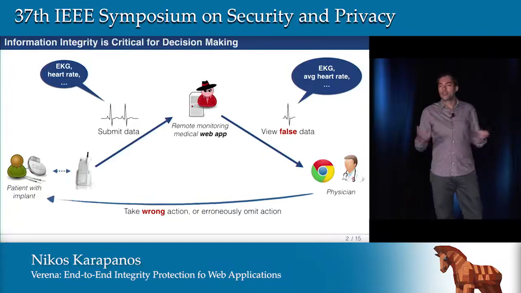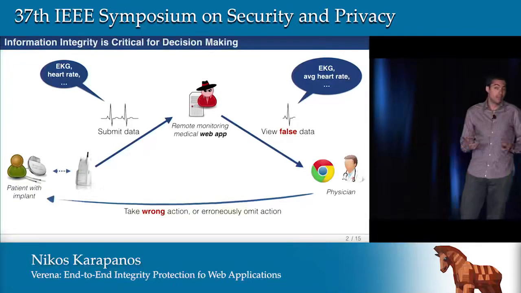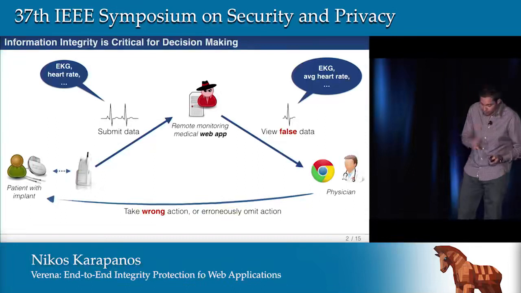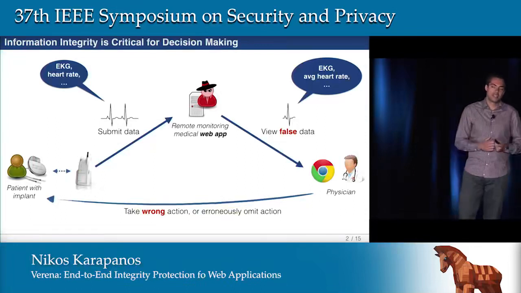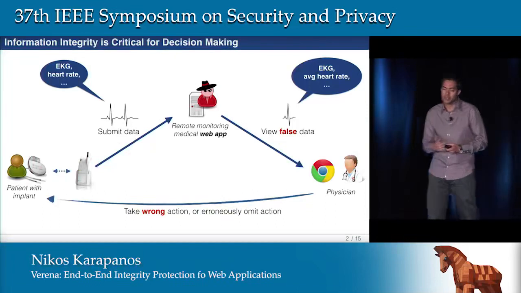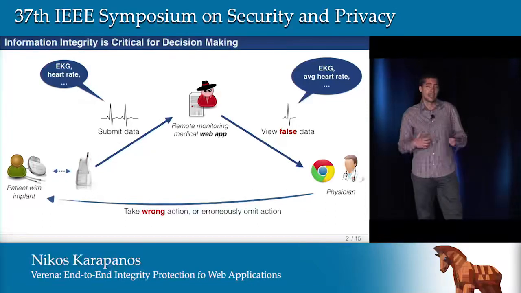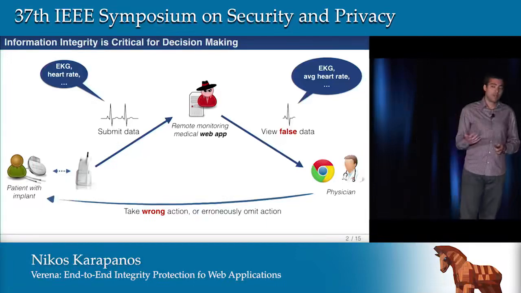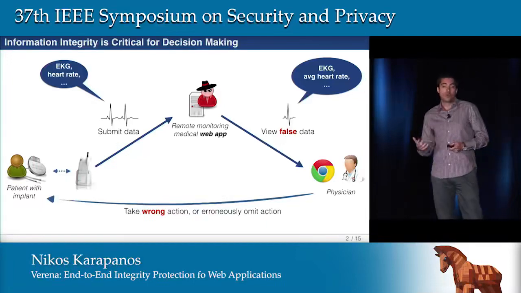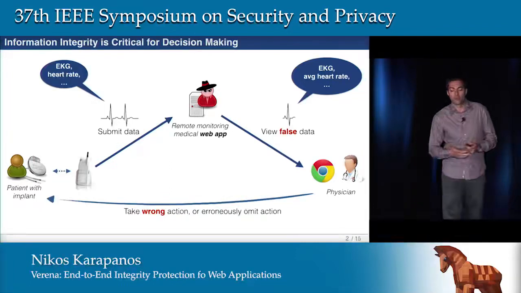And depending on the use case, this might even prove fatal for the patient. So integrity protection in this kind of setting seems to be quite important. And you can think also of other applications like in government and military sectors, where decision-making is important. Then we would really need to make sure that integrity protection is there and we protect this information.